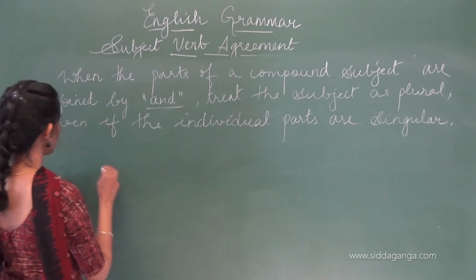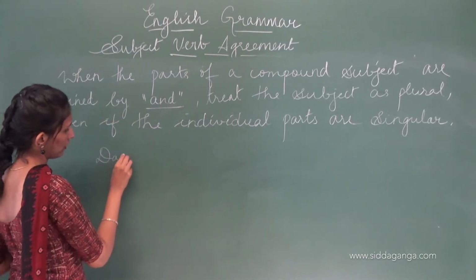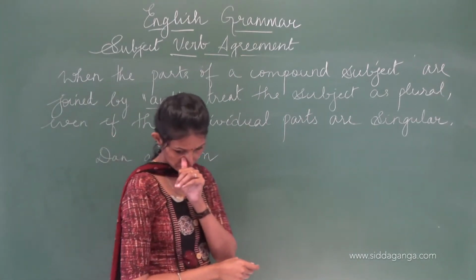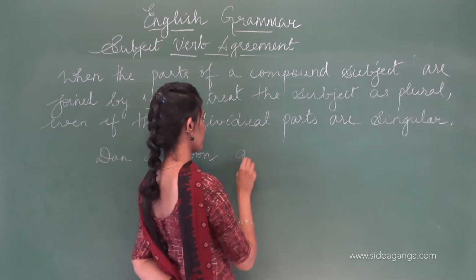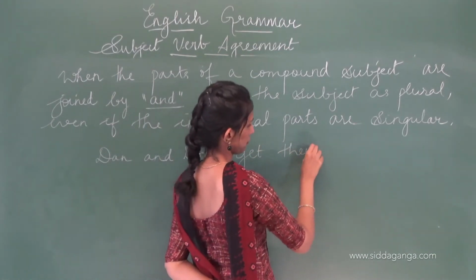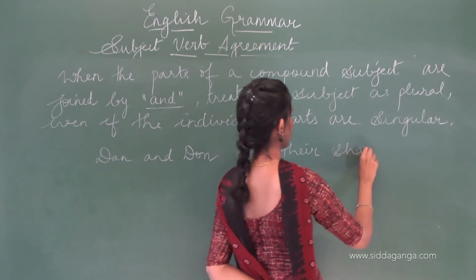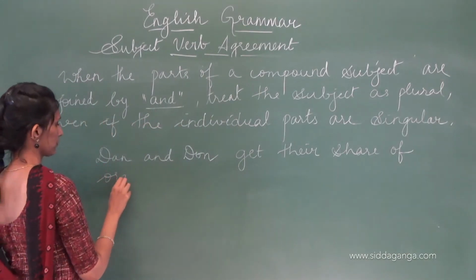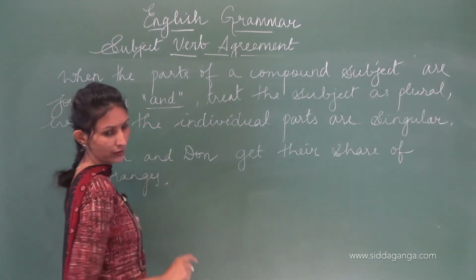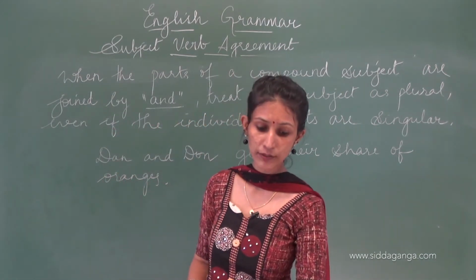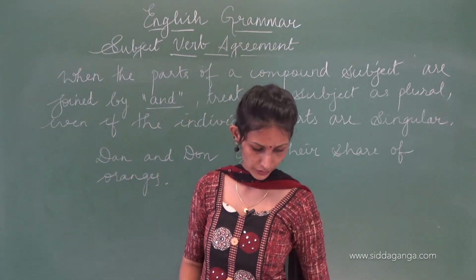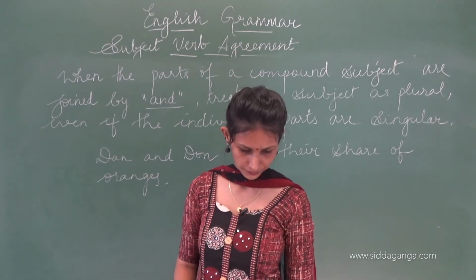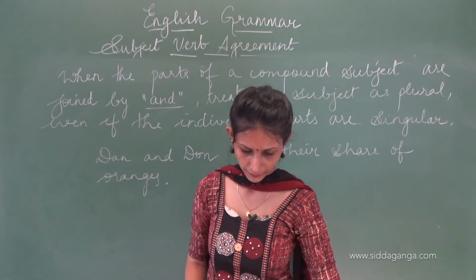Now, the example is, see, Dan and Dawn get their share of oranges. Dan and Dawn get their share of what is it? Oranges. Okay.